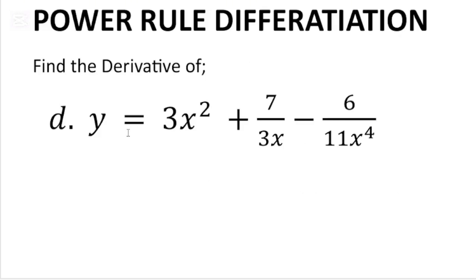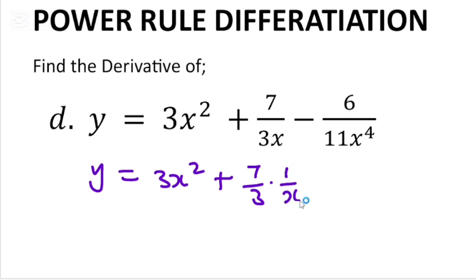All right, here's the next example. Feel free to pause the video, work it out, and then compare your answer with the answer that we're going to find together. So this can be written as y is equal to 3x squared plus 7 over 3 times 1 over x minus 6 over 11 times 1 over x to the 4th power.